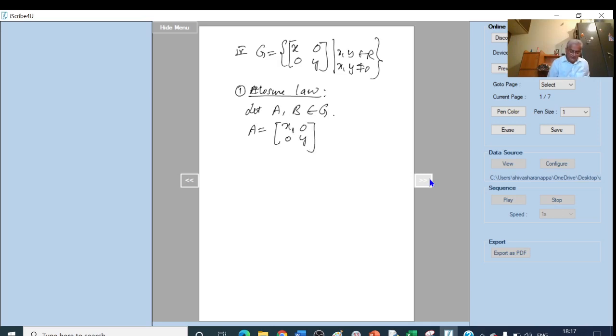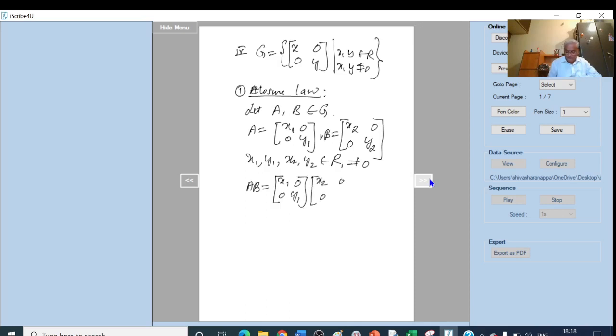I will take A as [x1 0; 0 y1] and B as [x2 0; 0 y2], where x1, y1, x2, y2 belong to R and are not equal to 0. Then consider A into B.